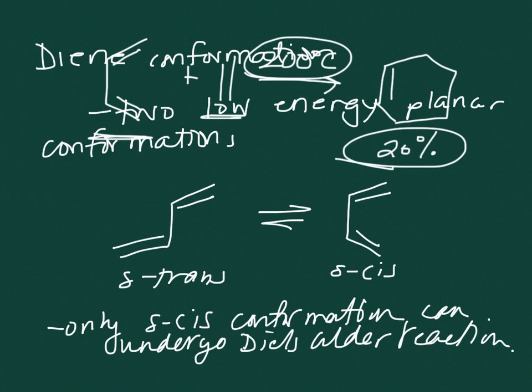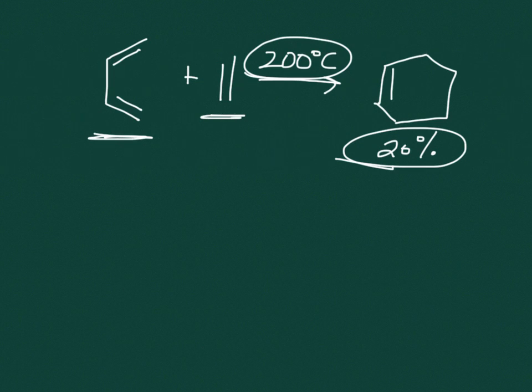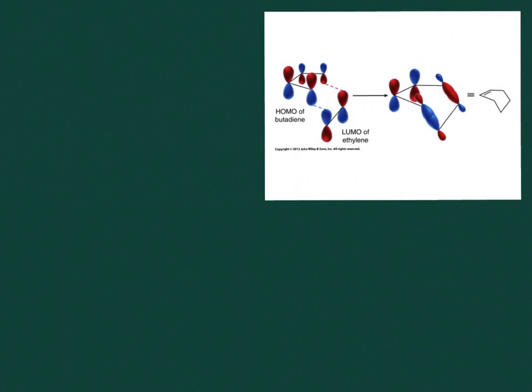And I'll explain why using orbitals. We're going to use molecular orbitals to look at why only the S-cis reacts by Diels Alder.